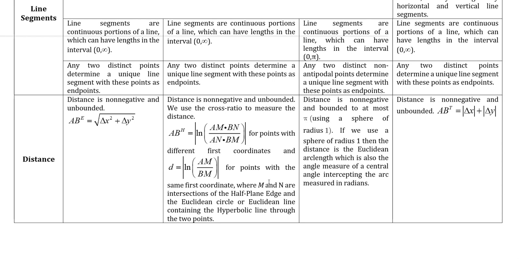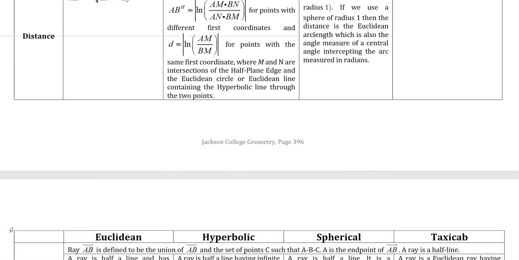Measure that angle as a Euclidean angle, which is the same as the arc length along the surface of the sphere. The radian measure of that central angle is the same as that arc length, and that's the measure of that distance.